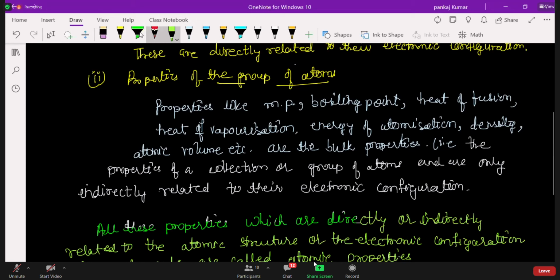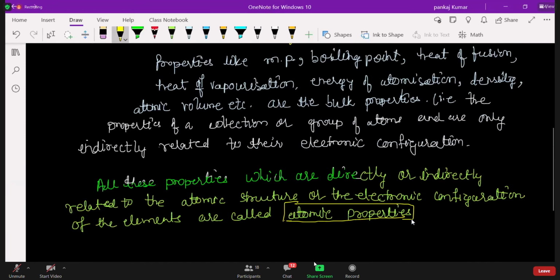So this we can underline. Atomic properties are directly or indirectly related to the atomic structure or electronic configuration of the element.